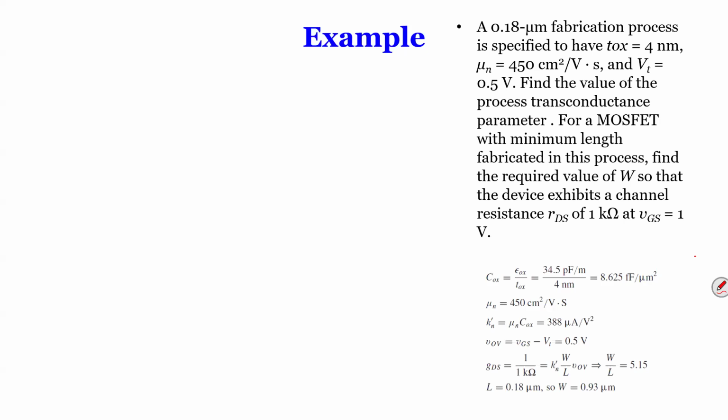So what you're doing is, first of all, we need to calculate the COX value, which is epsilon OX, the permittivity, divided by TOX, the thickness of the silicon oxide. Then you plug in the numbers and you get 8.6, in farads per micrometer squared.